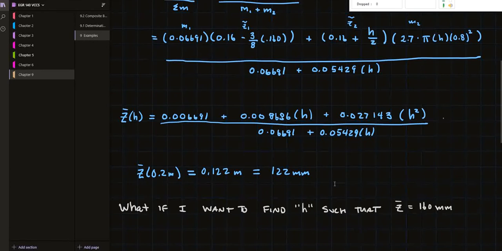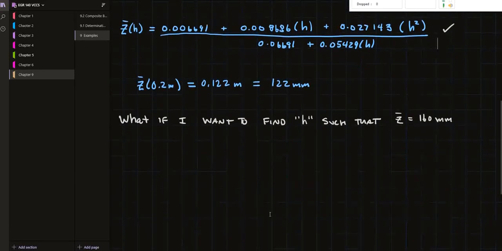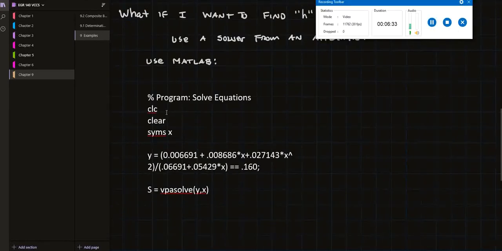So I can use this equation to do that, and you could use trial and error, but we don't need to do that. We'll go ahead and use a solver. So here's the script I wrote. First I clear my screen, then I clear my workspace, and then I have this command line. And I write my function.